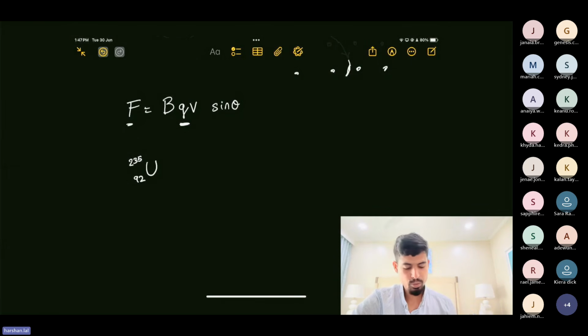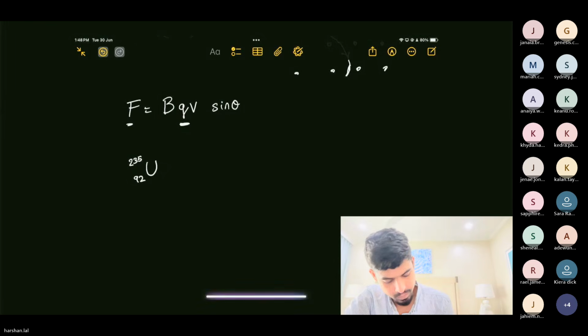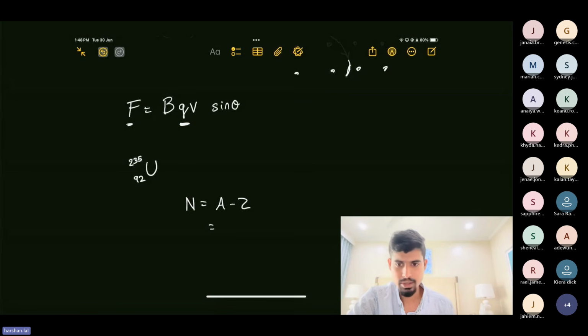What formula do we need to use to calculate that? A minus Z. Right, so N is equal to A minus Z. So A is equal to what? 235.